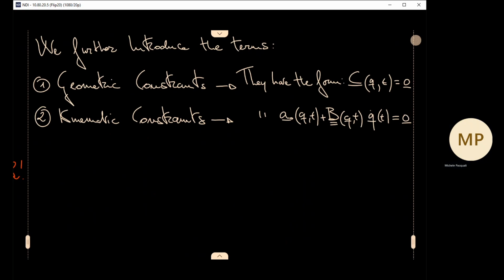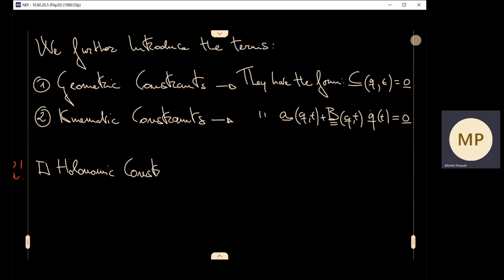So why did I actually bother to introduce this? Because we can say that holonomic constraints can be geometric or kinematic integrable.